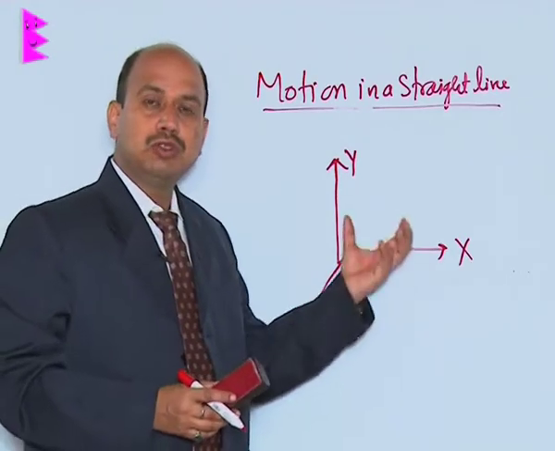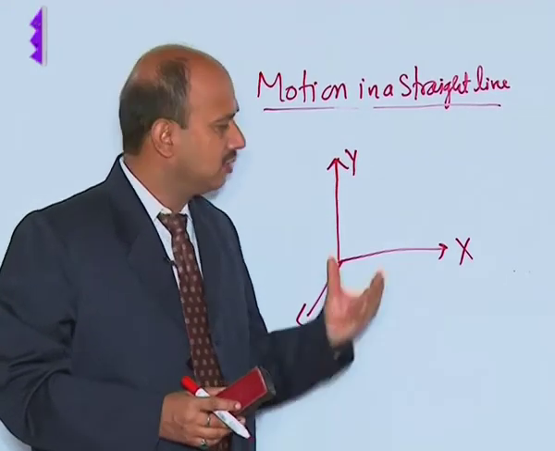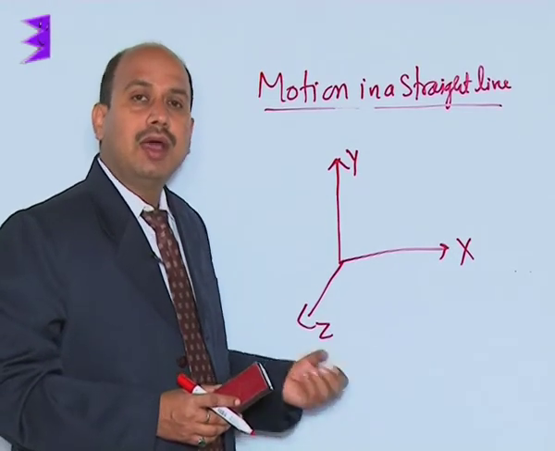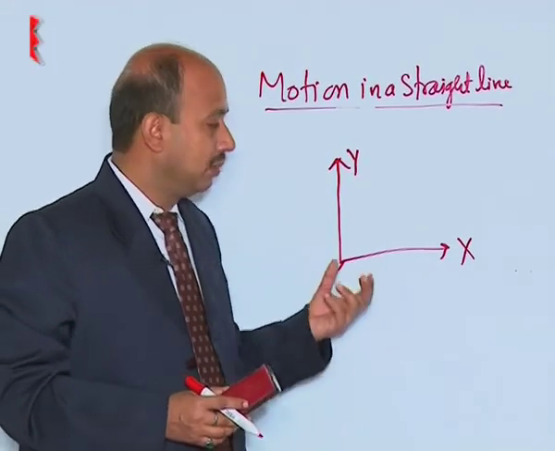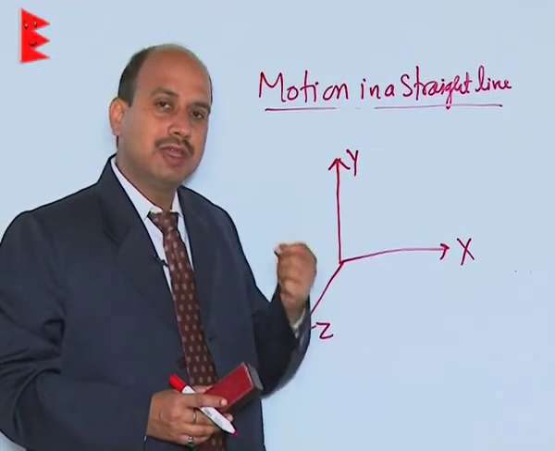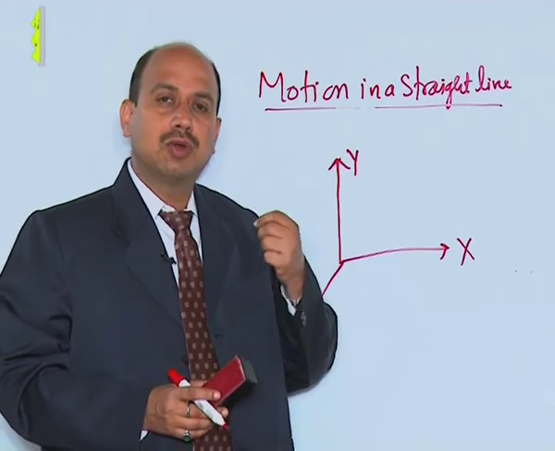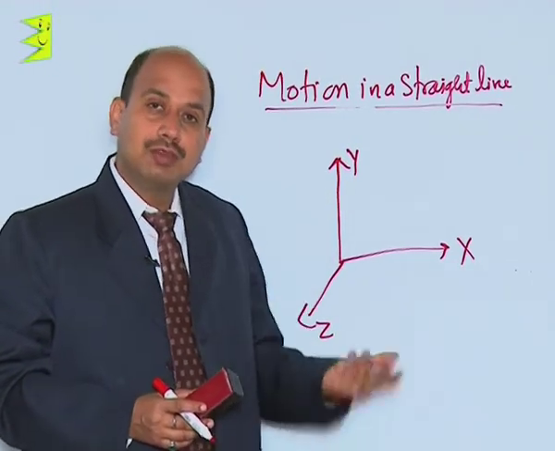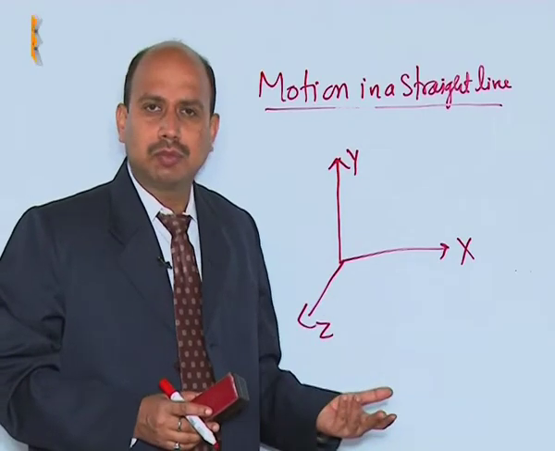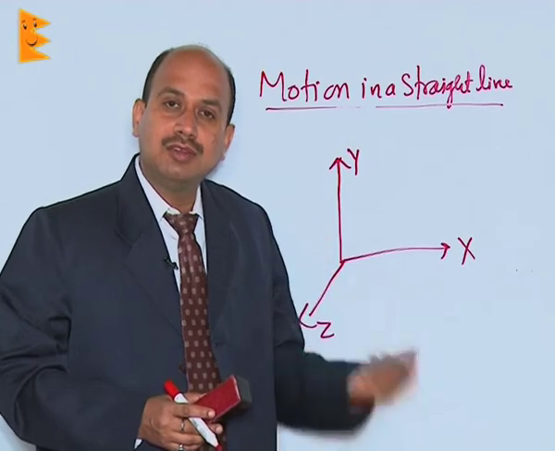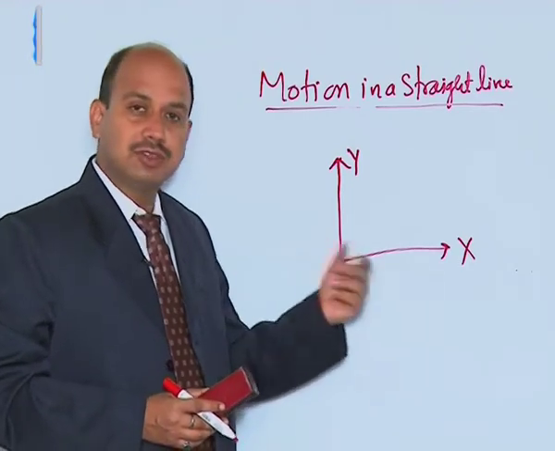These three are mutually perpendicular axes. You can say these are the three coordinates x, y and z, and the position of the particle can be explained with respect to these coordinates. Suppose any object is in space, we can say it has x, y and z components. If the object is moving only in the x, y plane, it has x and y components. If the object is moving only along the x axis, we can say only the x distance is changing.